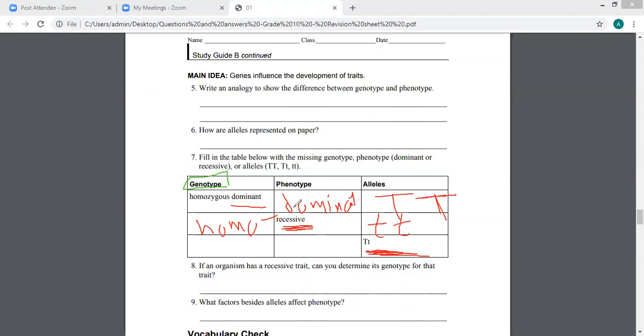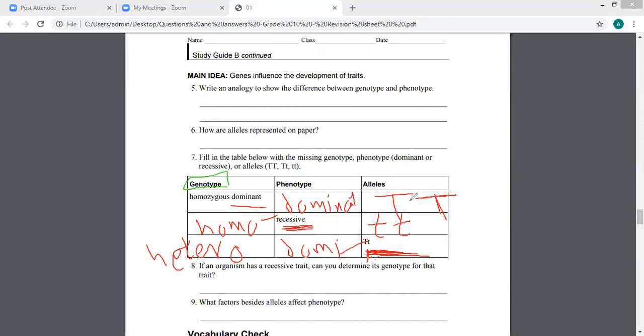It starts with a capital letter, so it is dominant. But T capital and T small are not similar, they are different, so they will not be homozygous, they will be heterozygous. So in genotype, heterozygous, because they are two different letters. In phenotype, it starts with T capital, so it will be dominant.